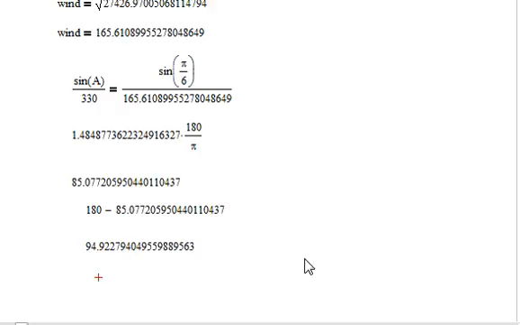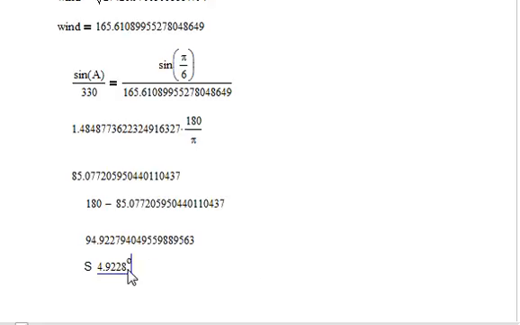The direction, the heading, is south 4.9228 degrees east.